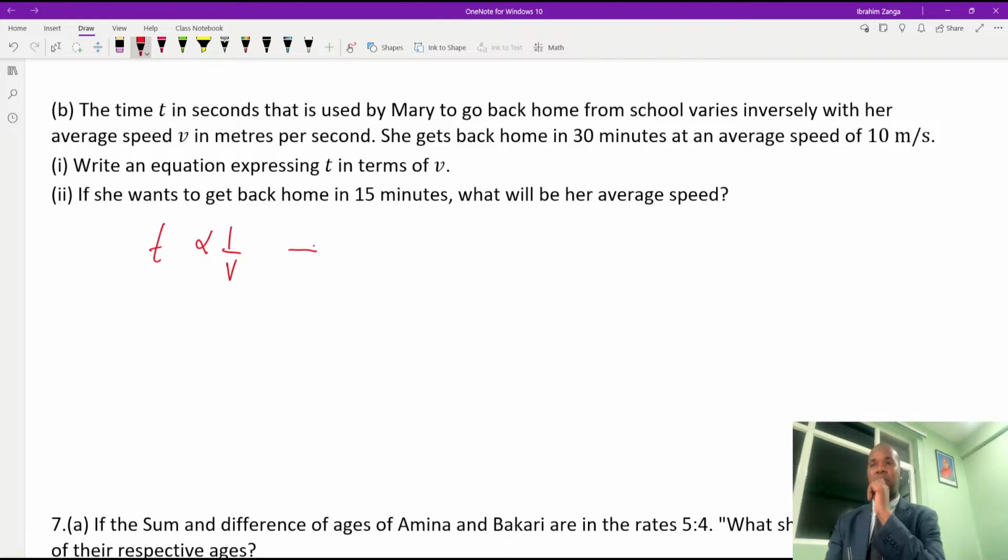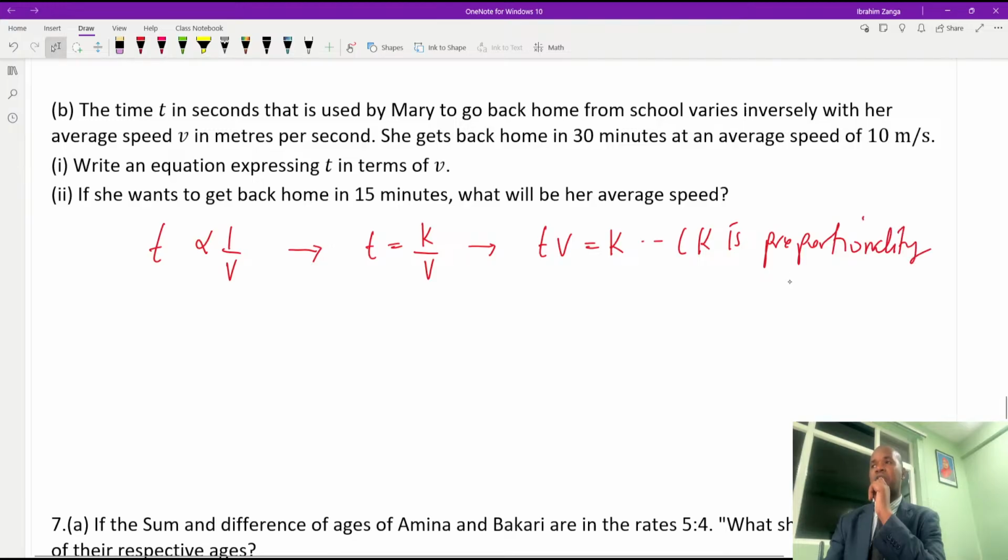So removing the proportionality sign, we'll be saying that t equals k over v, and eventually you have the equation tv equals k. Of course, k is the proportionality constant.